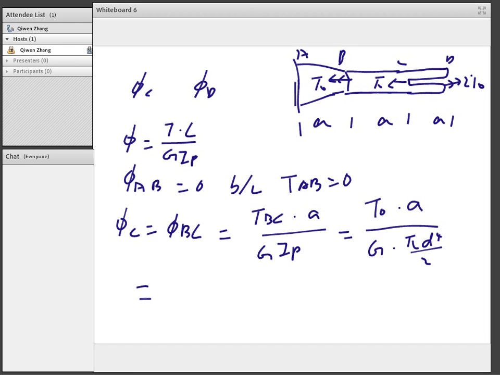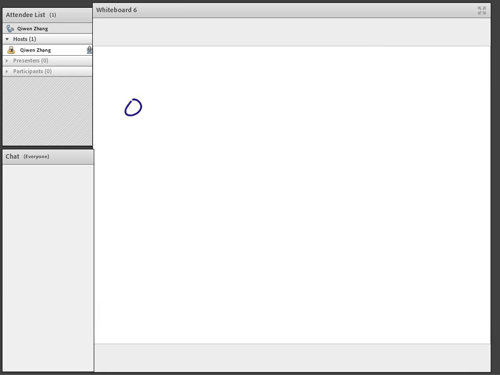Simplifying this down, we will have 2T0 a divided by G pi d to the 4th, right? So this is phi C. And then phi D is just equal to phi C plus phi CD, right? And this one we already got.